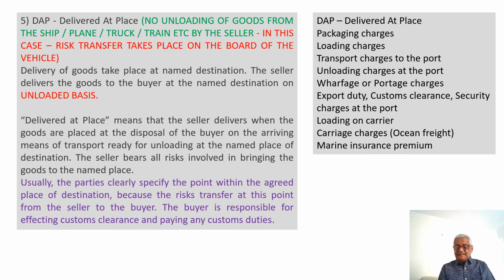The goods will continue to remain on board the ship. So here the charges will be, in addition to the ocean freight, marine insurance premium also paid by the exporter. His responsibility ceases the moment the ship reaches the destination. He hands over the goods to the importer on board the vessel.